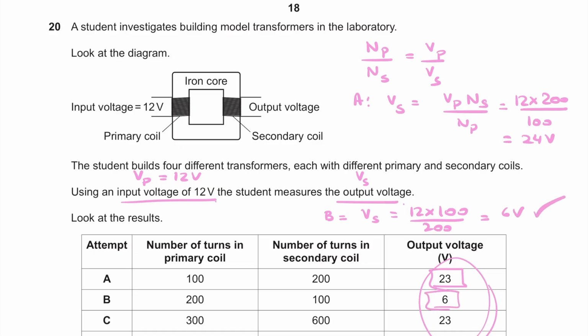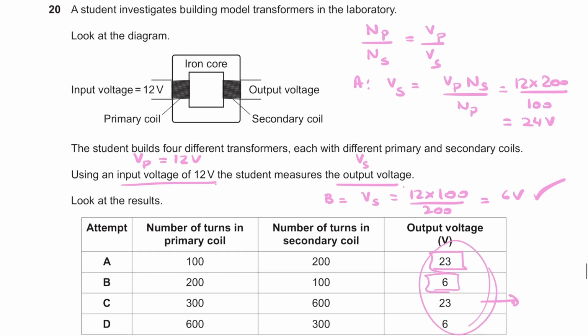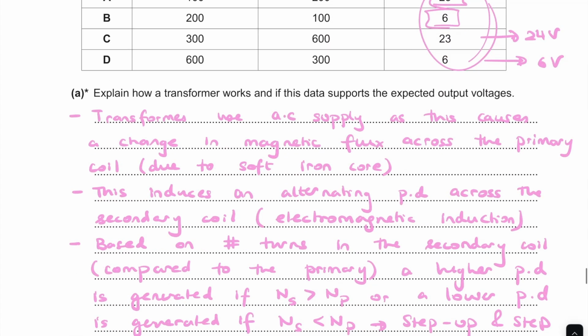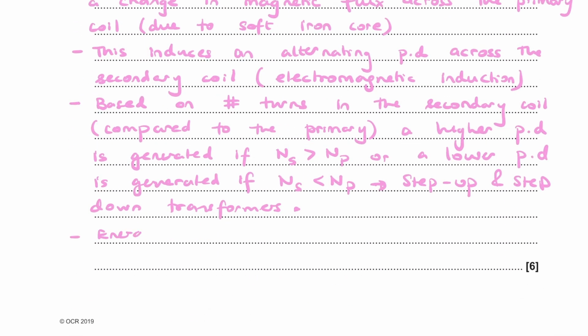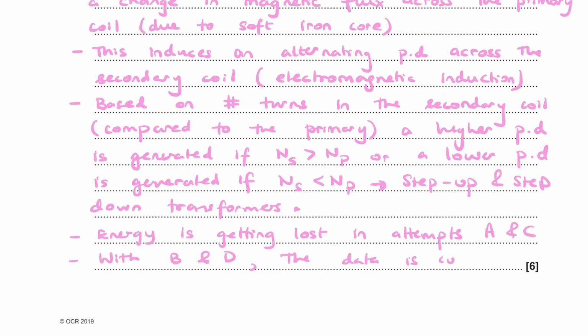And similarly for C and D, I would end up working them out, and I get 24 yet again, and 6 for D. That just basically means that the energy is getting lost into the surroundings in the case of A and C attempts. Otherwise, the data is consistent.